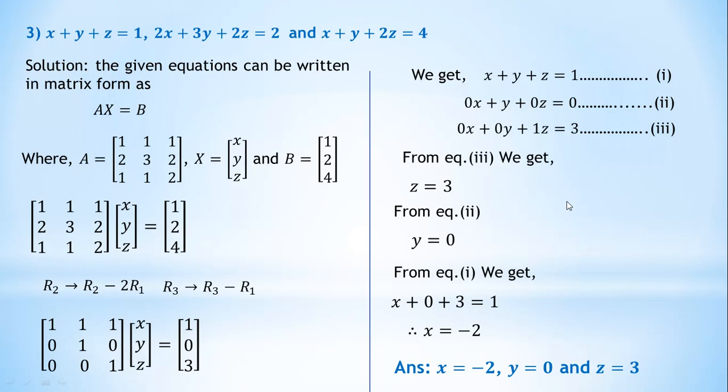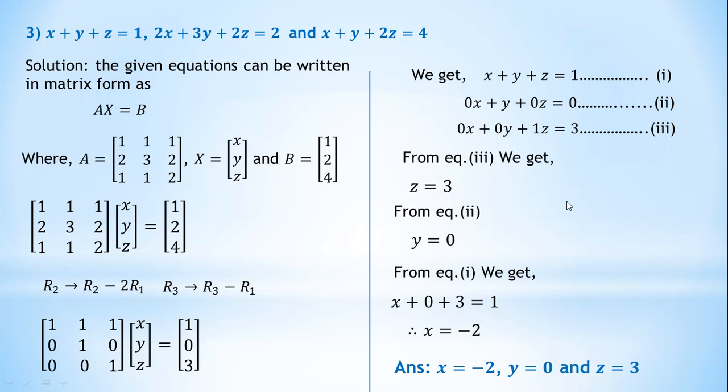So the reduction method is very useful to get the solutions of two linear equations as well as three linear equations. So this is all about the method of reduction. So always our procedure is what?